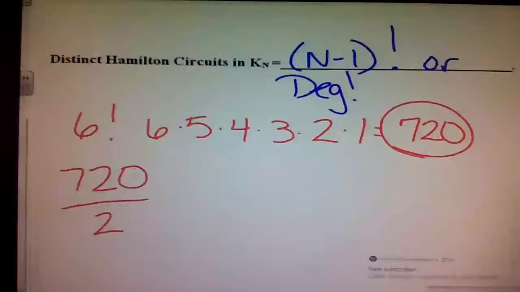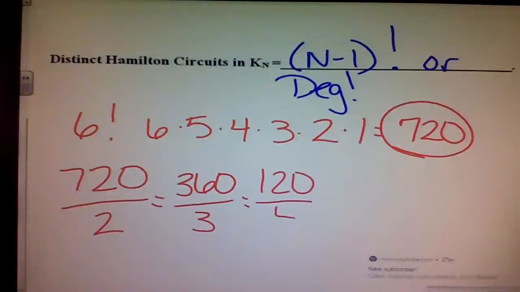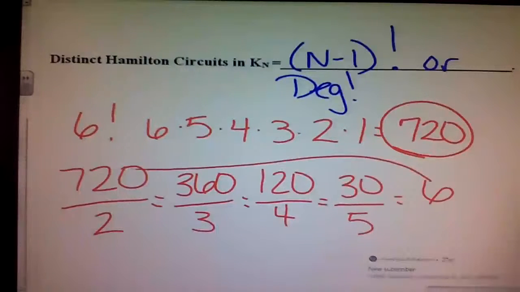So we start with dividing by 2, and that gave me 360. Then I divide by 3. That gives me 120. Then I divide by 4. That gives me 30. Divide by 5. That gives me 6. So 6 then tells me how many degrees I have. And then I can work from there and get my vertices, my total degree, my number of edges.